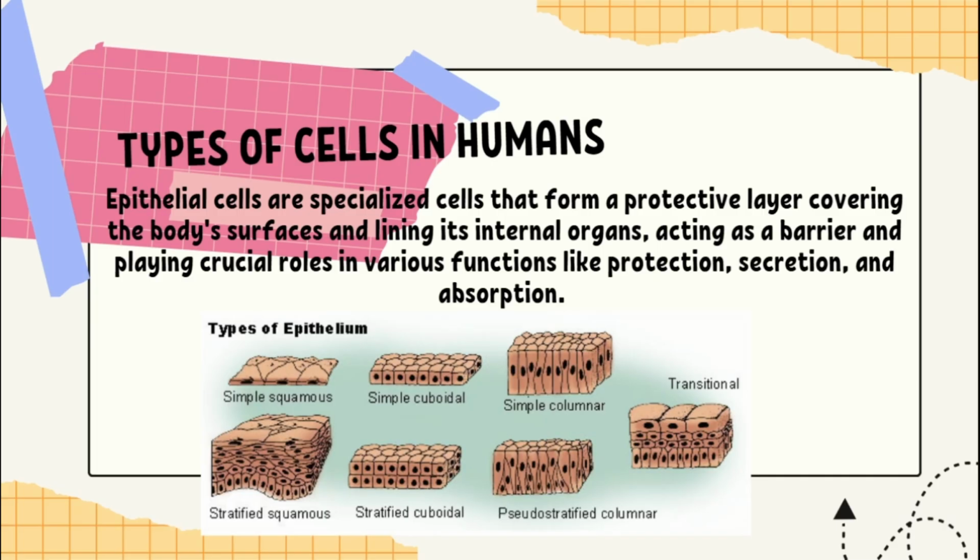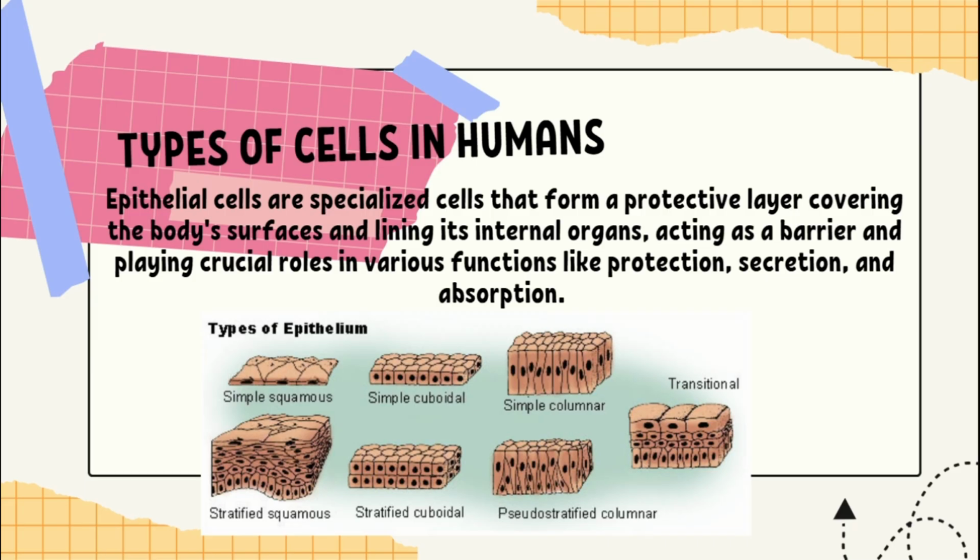Now, we're going to talk about these different types of cells. I mentioned some of them just now, like the epithelial cell. We can find these epithelial cells in our skin.